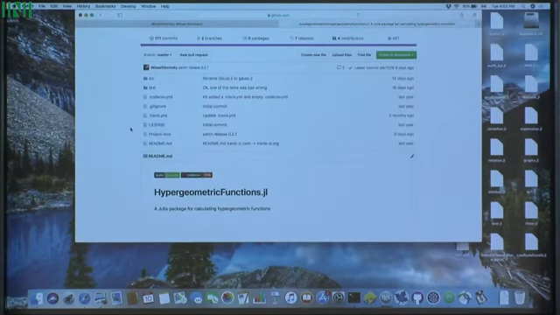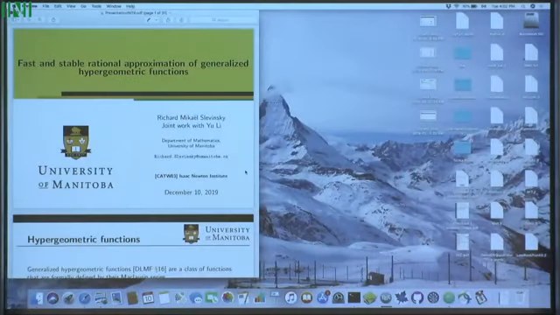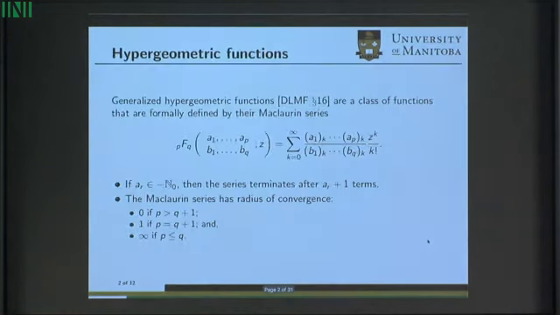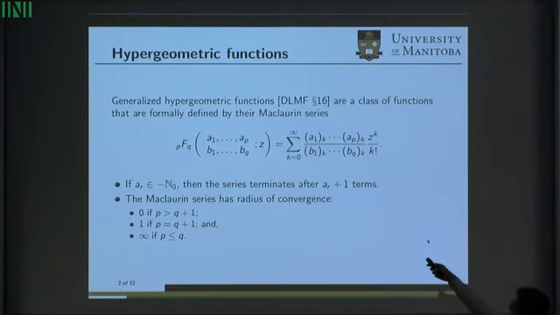Okay. All right. So let's get into it. How do we do this? Generalized hypergeometric functions are defined formally by their Maclaurin series. They have a ratio of Pochhammer symbols, and it's an infinite sum, defined so as the Taylor series at the origin. They can sometimes be terminating if one of the coefficients in the numerator is a negative integer or 0, and it will terminate after that many terms.